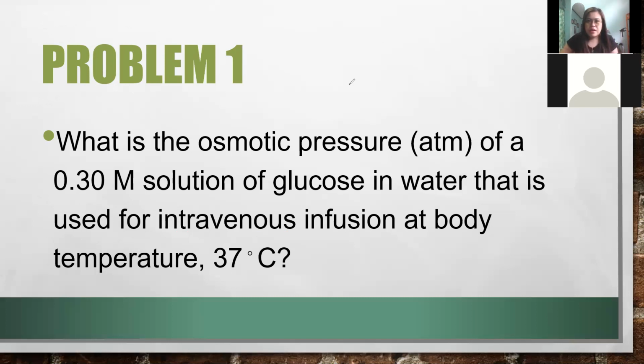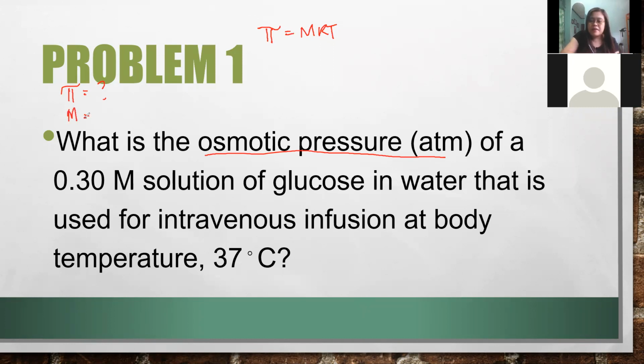Okay, so what is our formula again? Pi equals MRT. Let's see if the given is complete. Pi, class, is again the osmotic pressure. It's the unknown in the problem. That is what is asked in the problem.